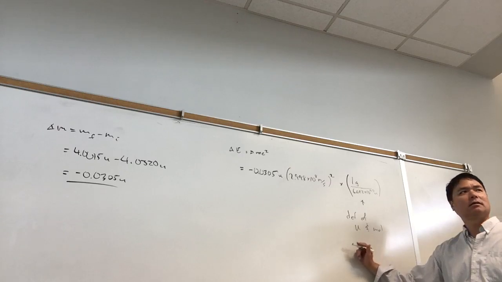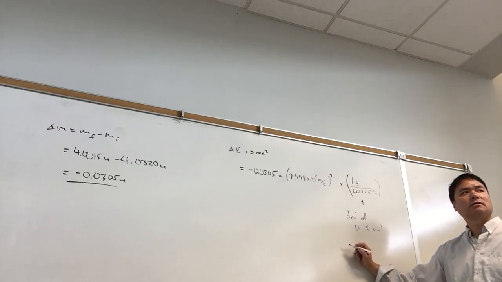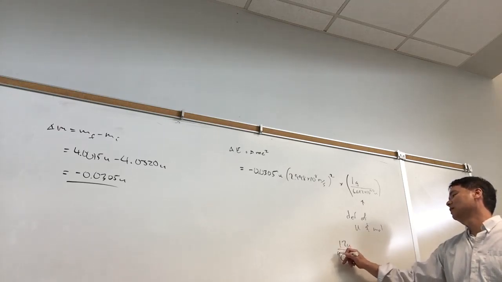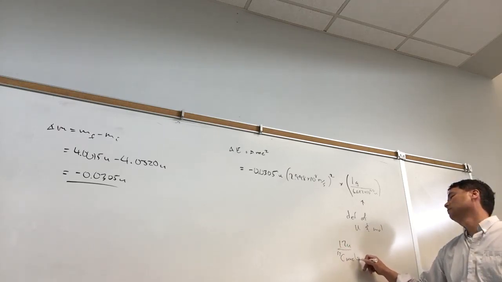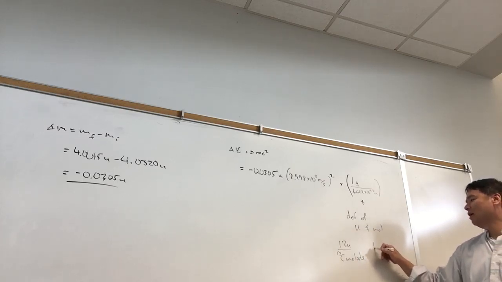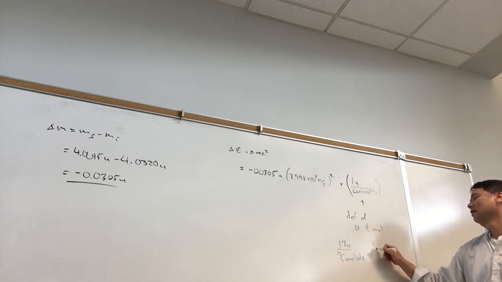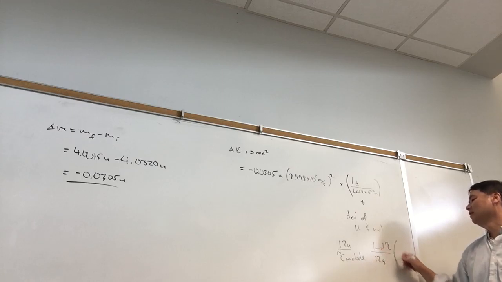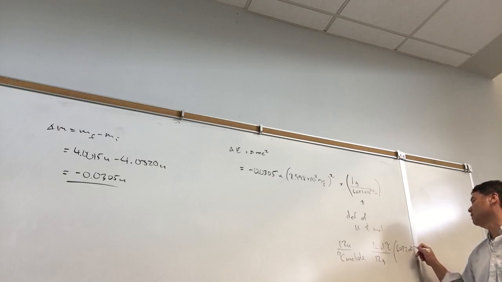There are 12 U in a carbon-12 nuclide. In a mole of carbon-12 nuclides, there are exactly 12 grams. These are all by definition. And there are 6.022 times 10 to the 23rd nuclides per mole.